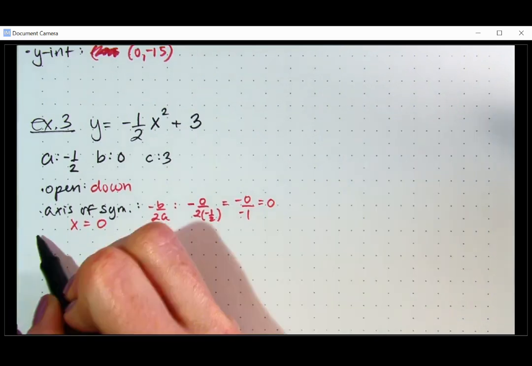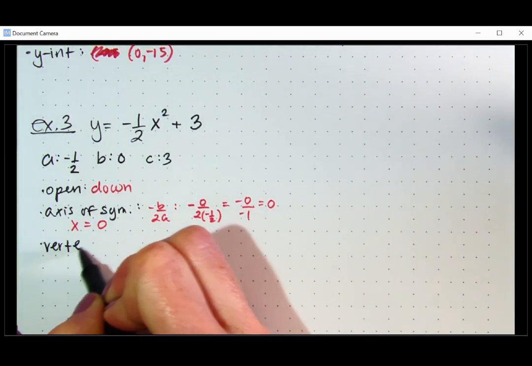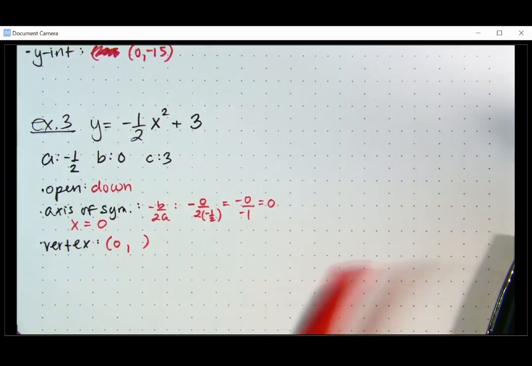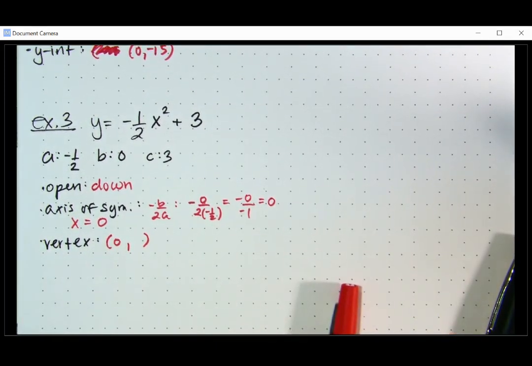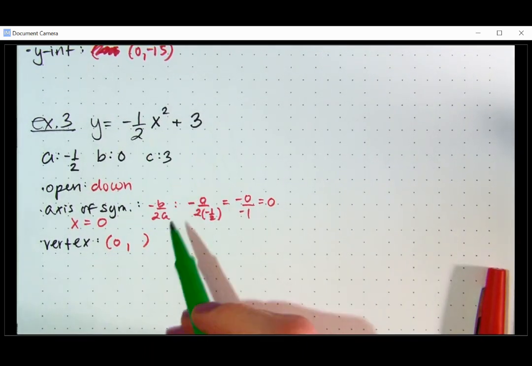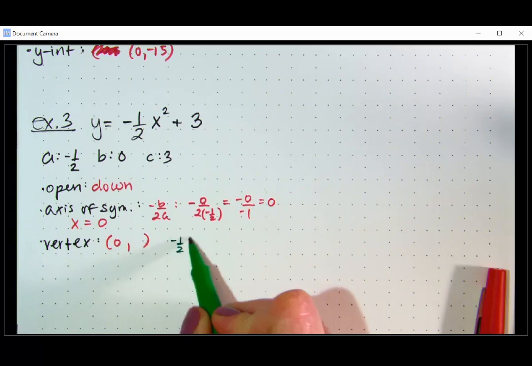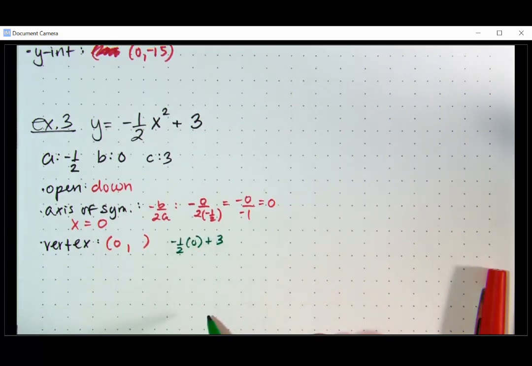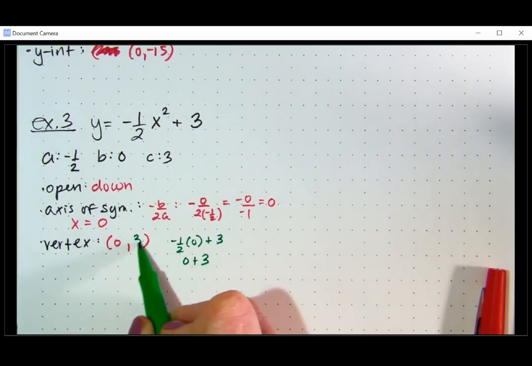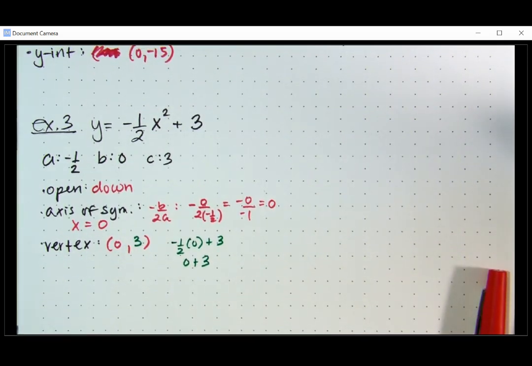So that means my vertex is going to have an x coordinate of 0. We just have to find the y. Okay, so that's where we substitute a 0 into the x. So my vertex is 0, 3.